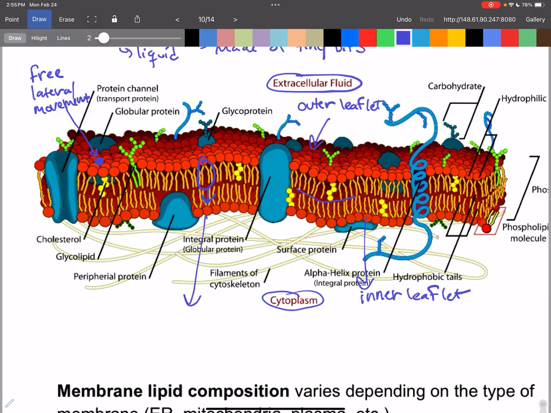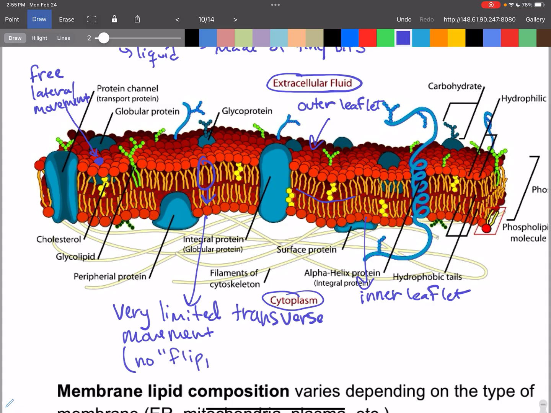And so what we would say is this has very limited transverse movement. Transverse means across movement. In other words, what we can say is no flipping. That's what it's called when you go from one leaflet to the other, flipping.